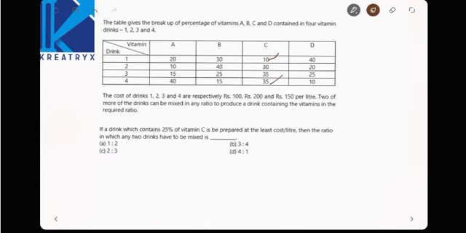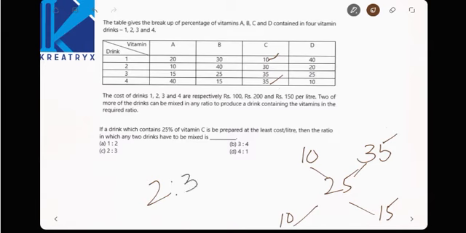See here, drink 1 contains C 10%, and drink 4 contains C 35%, so you want a 25% mixture. Now what is the thing here? 10 minus 25 is 15, is it? 25 minus 10 is 10. So what must be the ratio? 2 is to 3. So you have to mix in 2 is to 3 of drink 1 and drink 4 in order to get C of 25%. So option C.